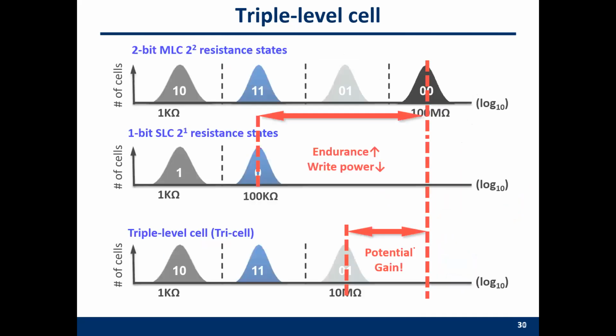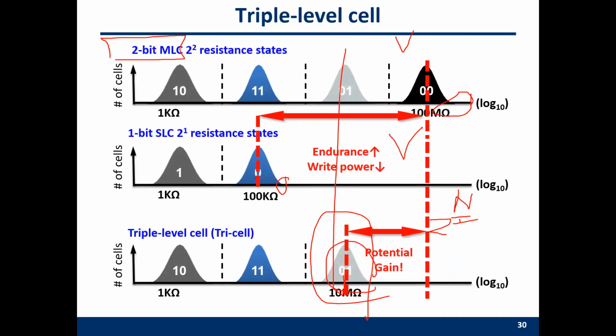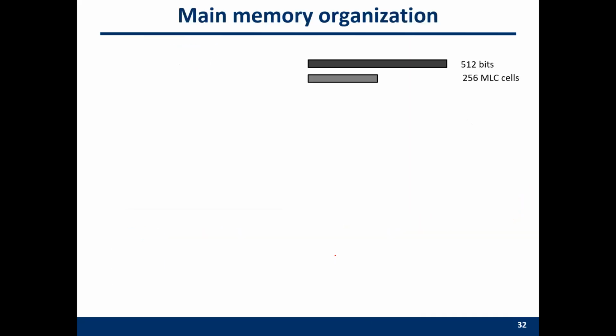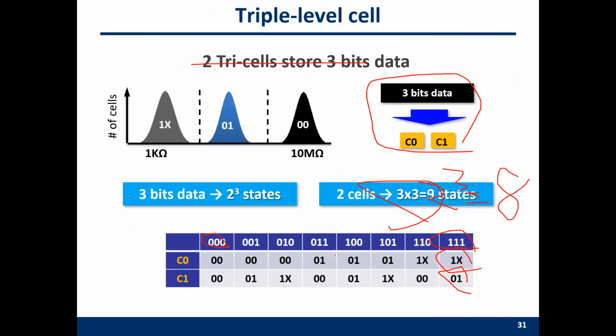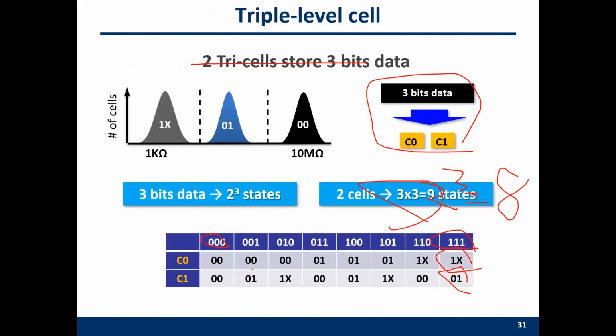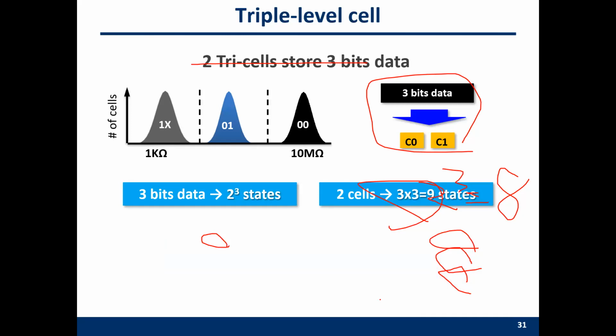I'm sorry, the 1x is actually this state. When you have 3 states, you can call them 0, 0 or 0, 1 and 1x.